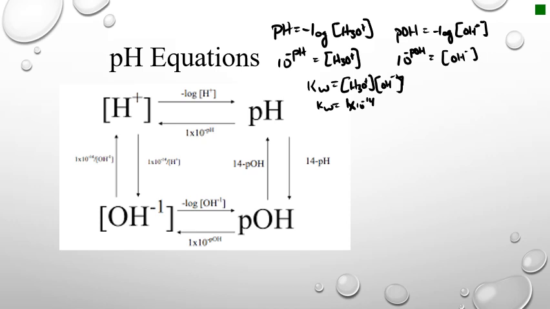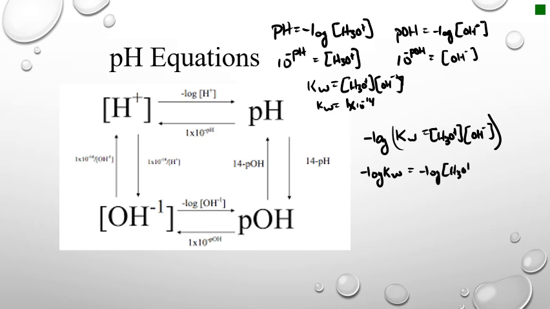Now, from your properties of logs, on the other side, if I want to go between pH and pOH, this is a little bit more complicated. So from your properties of logs, if I take the negative log of the entire Kw expression, where I have H3O plus times OH minus, if I take the negative log of the whole thing, that gives me negative log of the Kw equals negative log of the H3O plus, plus the negative log of the OH minus.